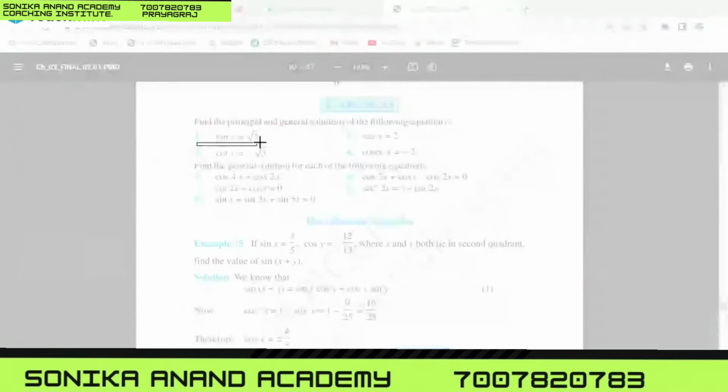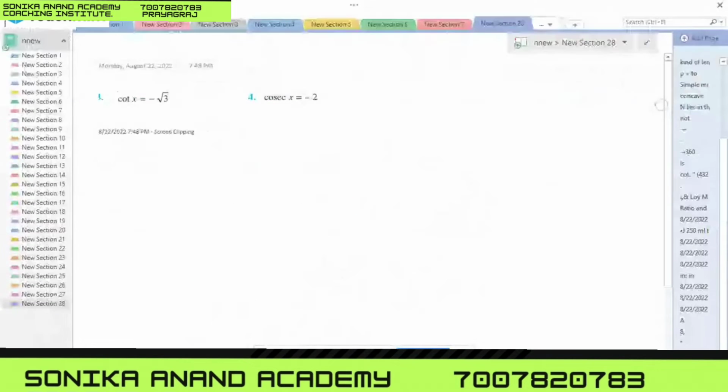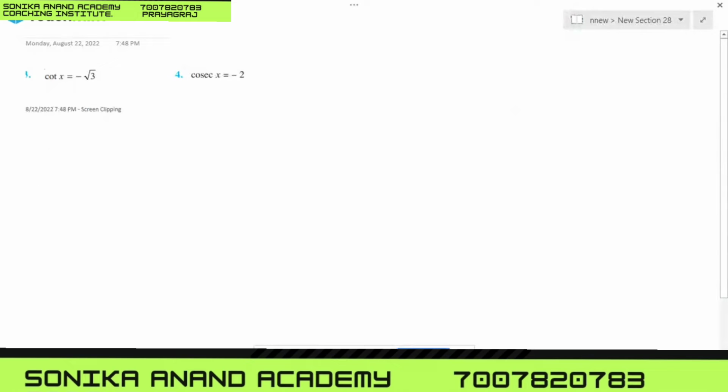These two are the negative ones. Cot x is equal to minus root 3. Now what is the angle? Can you tell me? Ma'am, 60 degree. What is the angle?